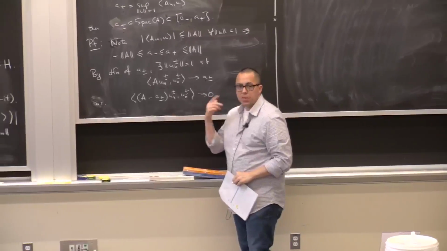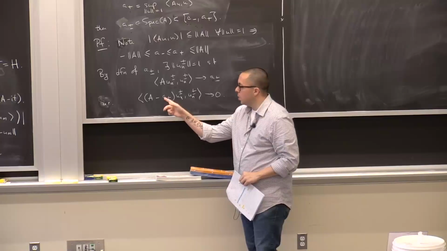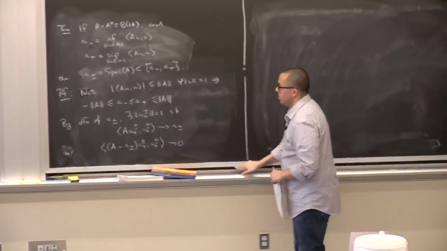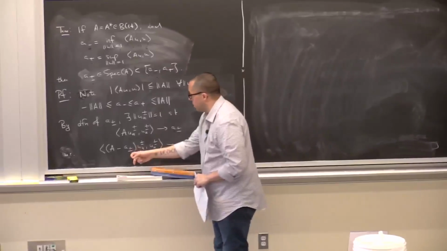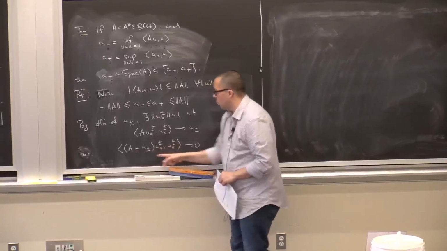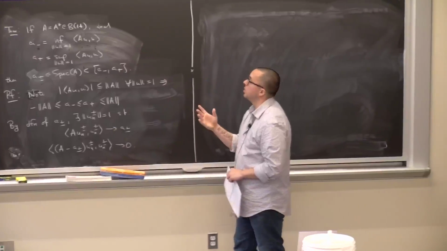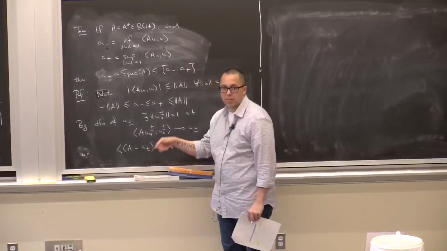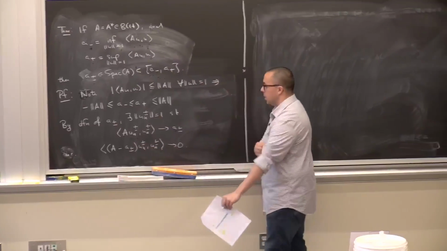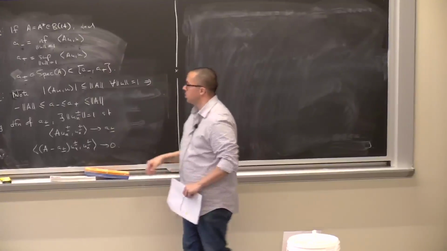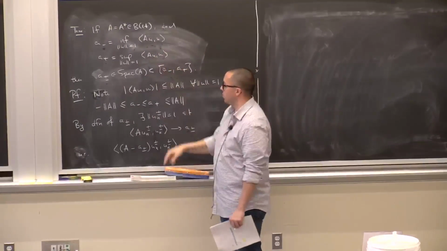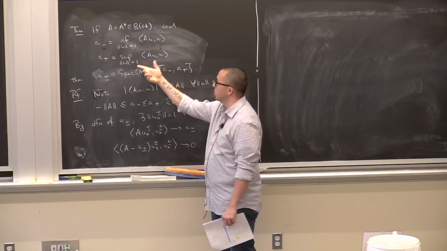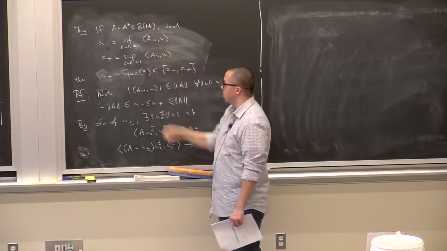Since I have this property by the previous argument I gave, this implies that both A plus and A minus are in the spectrum of A, since for each choice of plus or minus we have a sequence of unit vectors so that this quantity goes to 0. A minute ago, we could just assert that there was a sequence of unit vectors, so for at least one choice of plus or minus the norm of A, we had this thing going to 0. But for these two numbers, because it's the inf and because this is the sup, we can always find unit vectors so that this quantity is converging to the sup, which is A plus, and this quantity is converging to the inf, which is A minus.